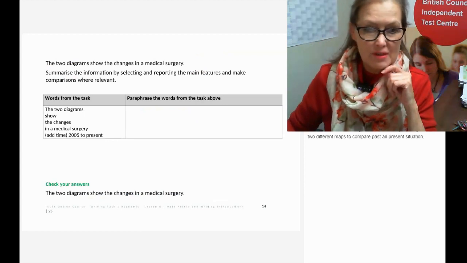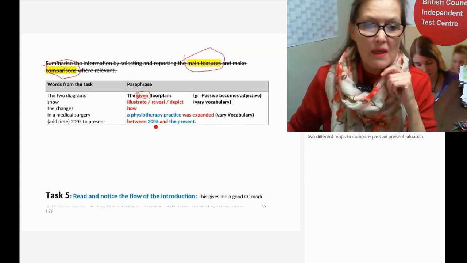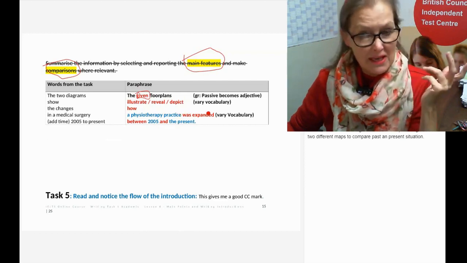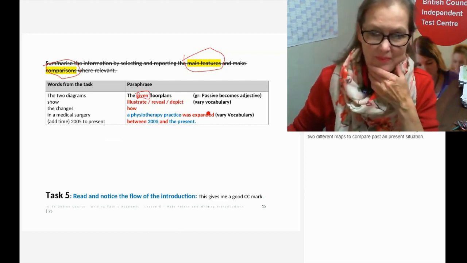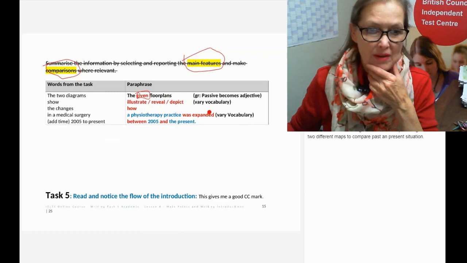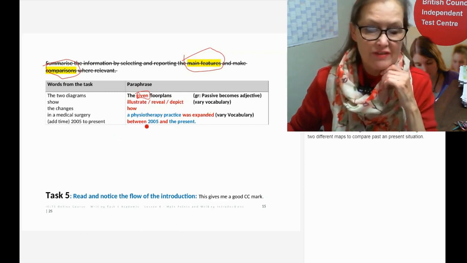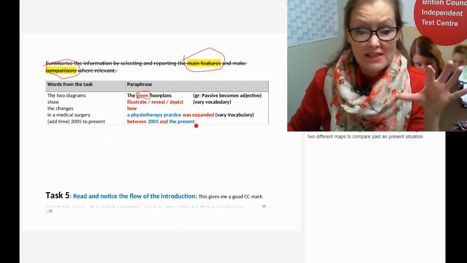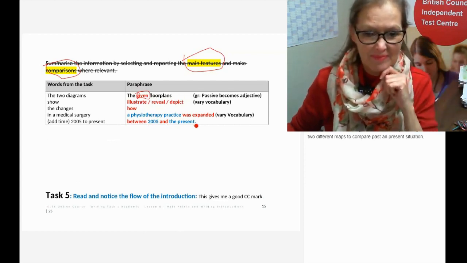And I've put this in the passive by saying how the physio practice was expanded becomes my passive. And then I've added to my time between 2005 and the present, using between and correctly this time.